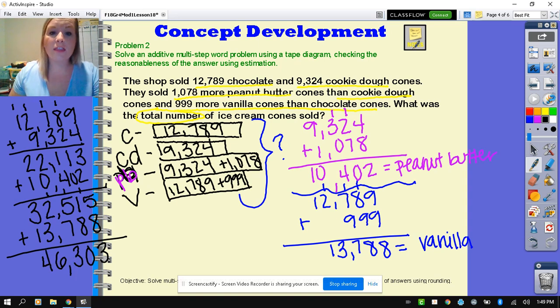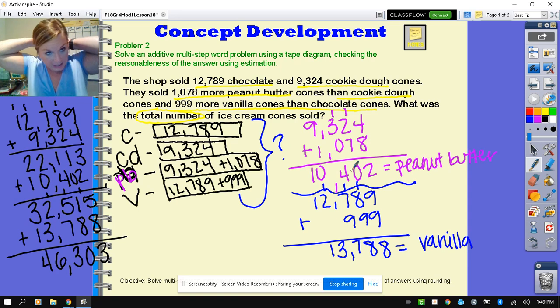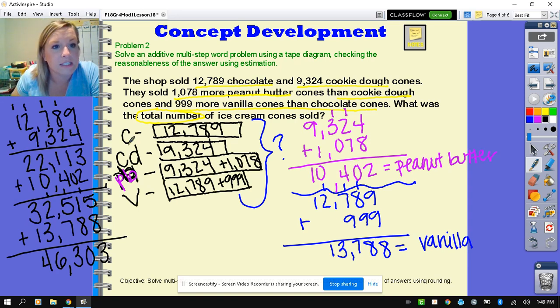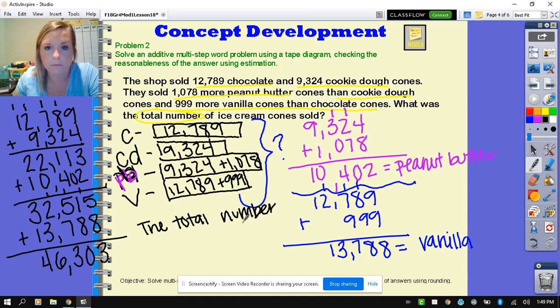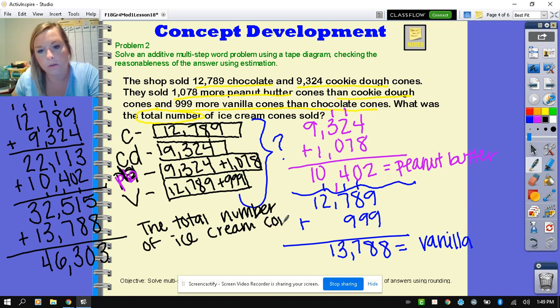Whew. So now that we've found out all the ice creams, we now have found out the total number of ice cream cones sold. So that should be here. And I'm going to write it as a statement. So the total number of ice cream cones sold was 46,303.